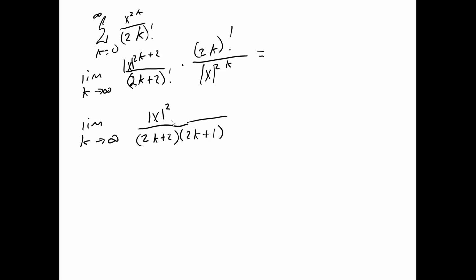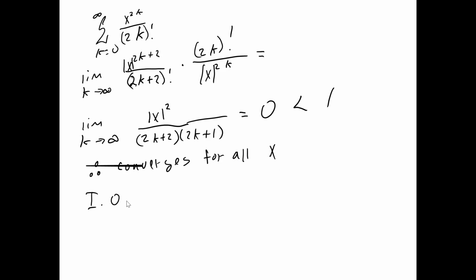The bottom is growing without bound. The top is staying fixed at the absolute value of x squared. So this is 0, which is less than 1. Therefore converges for all x. And the interval of convergence is from negative infinity to infinity.